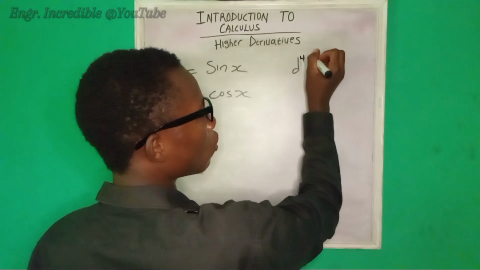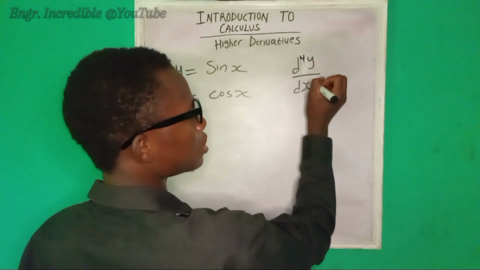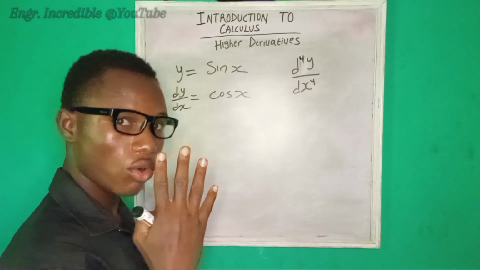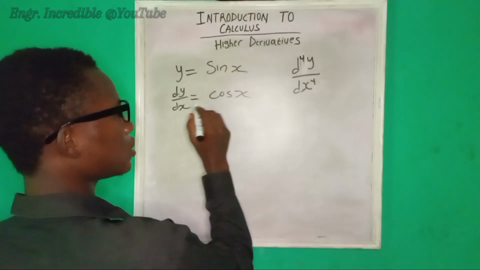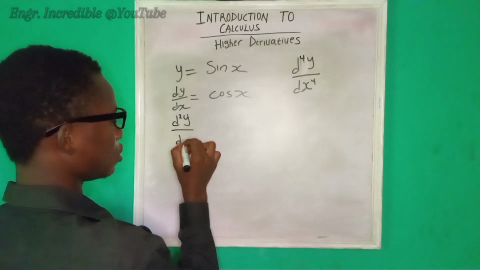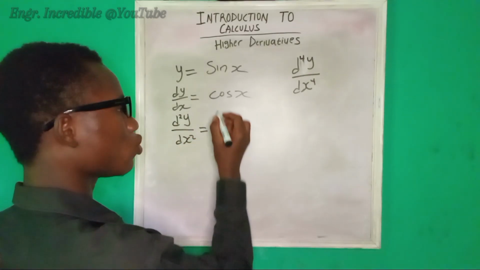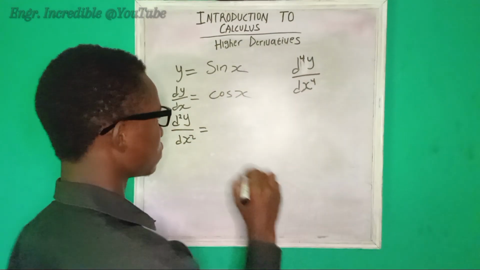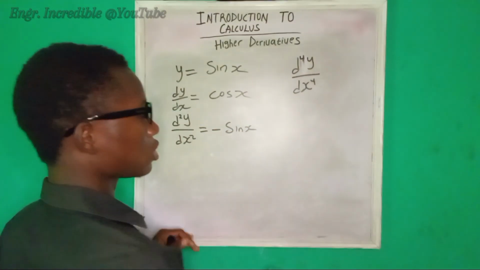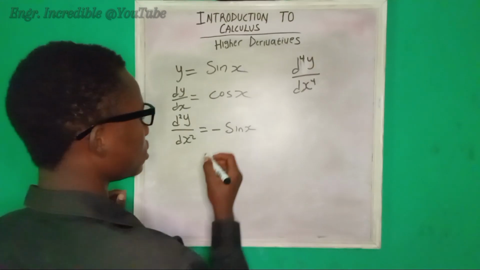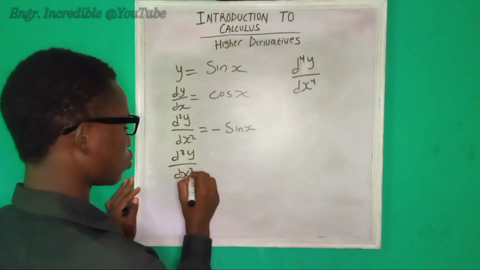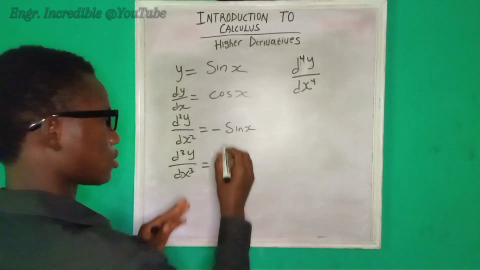d⁴y/dx⁴, which means that we are going to differentiate it four different times. So we have differentiated this once as cos x, then our d²y/dx² equals, differentiation of cos x, minus sin x.